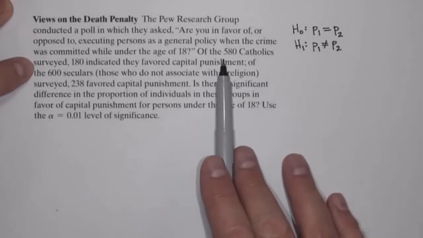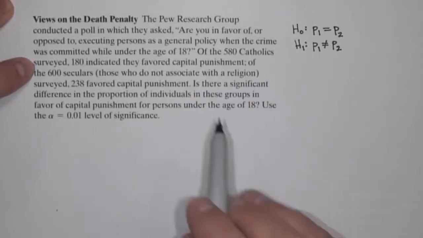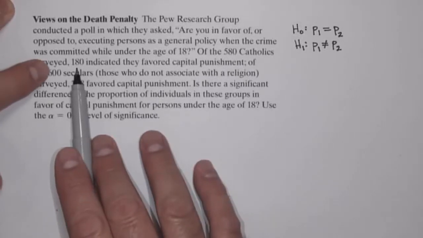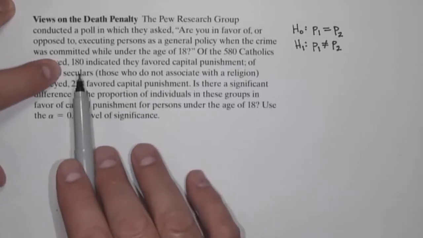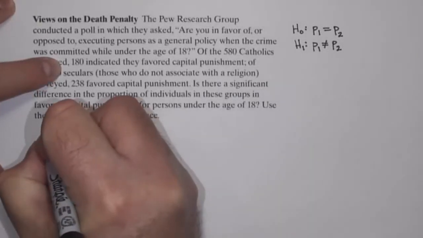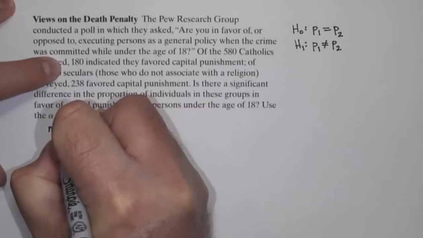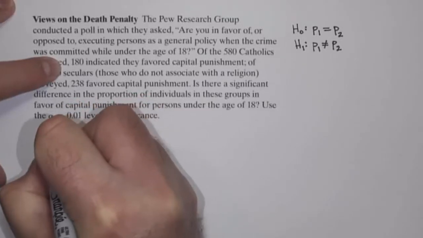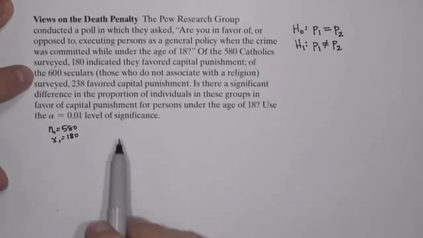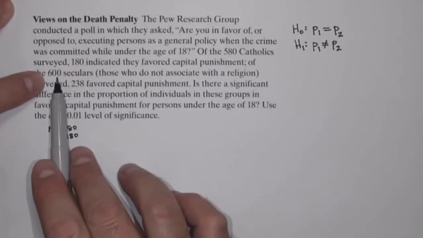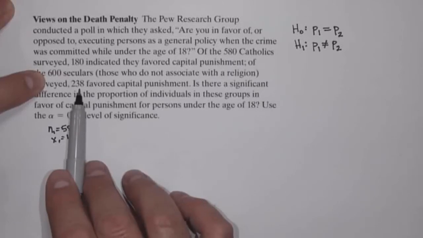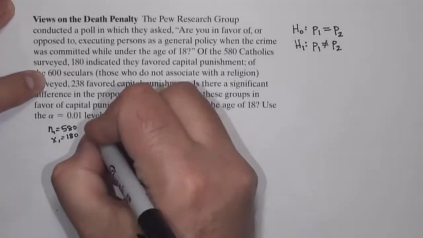Now, for our sample 1, we know that they surveyed 580 Catholics and 180 of them indicated they favored capital punishment. So just summarizing what we know, we'll write that down here. N1 is equal to 580 and X1 was equal to 180. And then for seculars, the sample size was 600 and the number who favored capital punishment was 238.